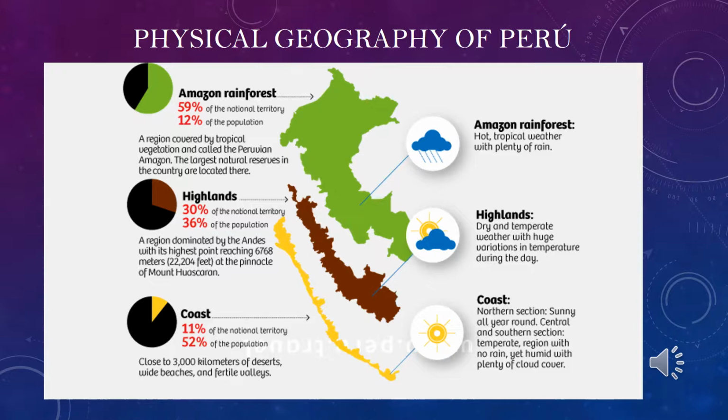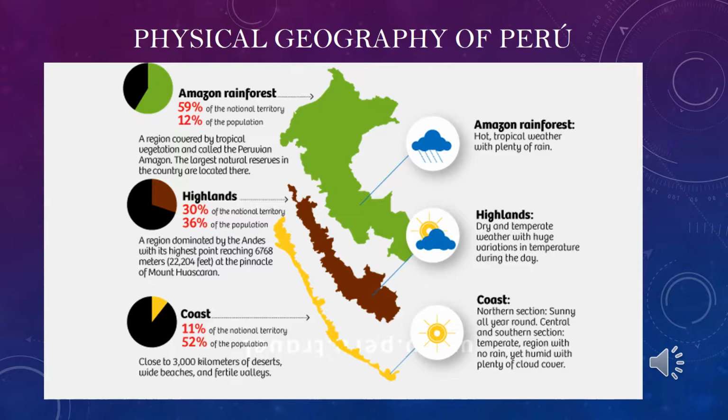The Amazon rainforest represents 59% of the national territory, and 12% of the population lives here. It's a region covered by tropical vegetation, and it is called the Peruvian Amazon. We can find the largest natural reserves in this place. The weather is hot, tropical, and with plenty of rain.